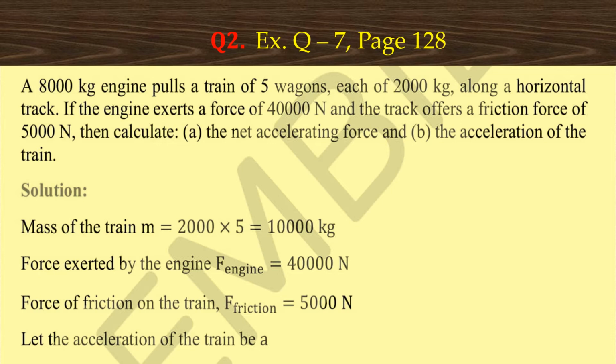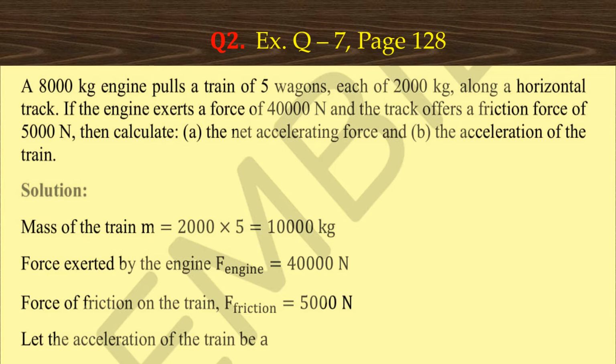First we will find the mass of the train. It is clearly given this train is having 5 wagons, each is having a mass of 2000 kilograms. So the total mass of the train is equal to 2000 into 5 equals 10,000 kilogram. And the force exerted by the engine is given as 40,000 Newton.